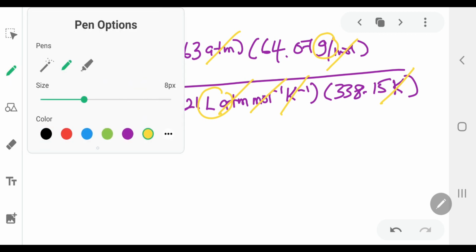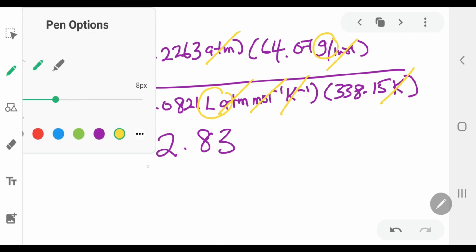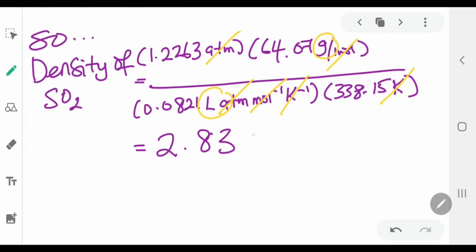Okay, so your final answer, your density, you're going to get something around 2.83, and the unit is very important. Without the unit, you won't be able to get your 1 mark for your final answer, so that is quite crucial. Gram per liter. Okay, so that is your final answer. So that is the density of SO2.